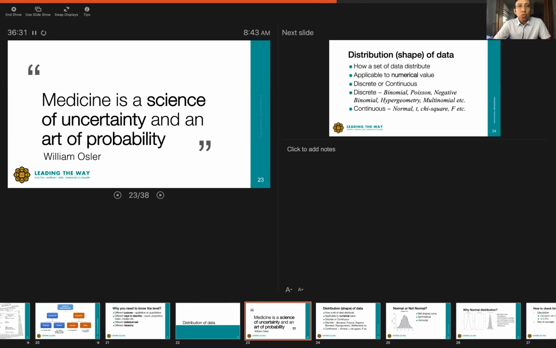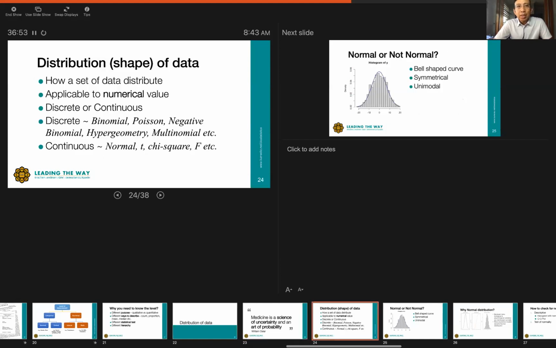So there's no one size fits all in medicine. Medicine is about uncertainty and about probability. So what we want to do is the most probable things, but be prepared that whatever we do, we may not get the actual replica or the actual outcome.